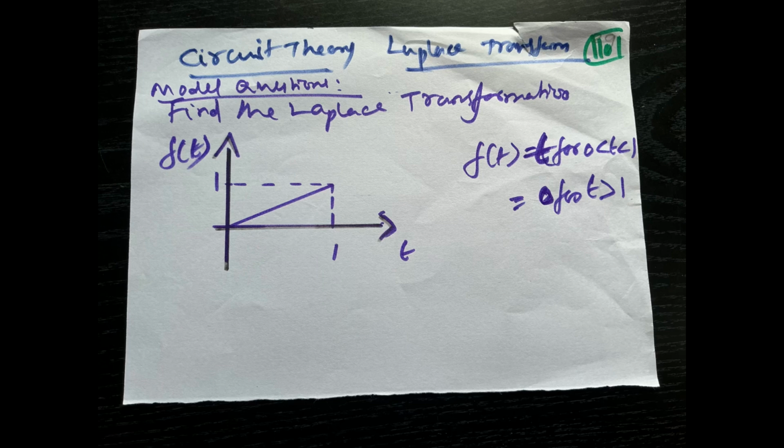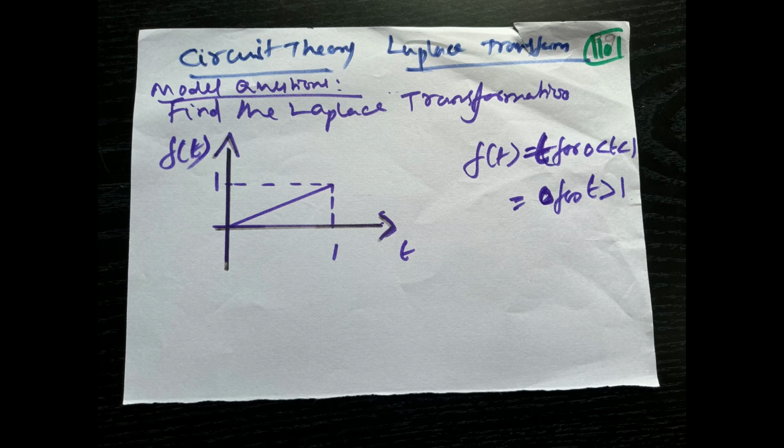L of f of t is the split interval integral, that is 0 to 1 and 1 to infinity: 0 to 1 of t, that is f of t e power minus st dt, plus the integral of 1 to infinity of f of t e power minus st dt.